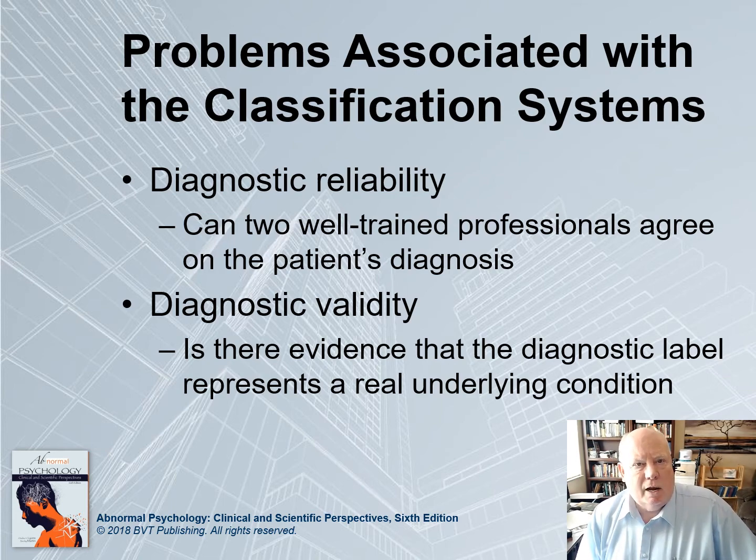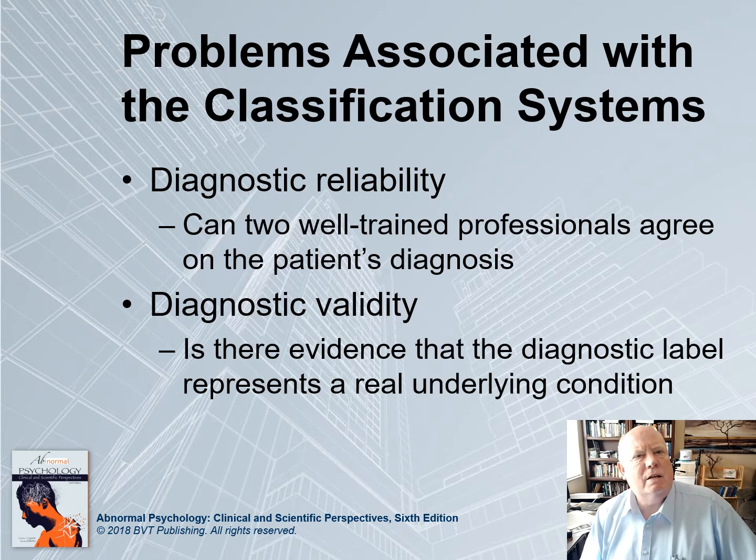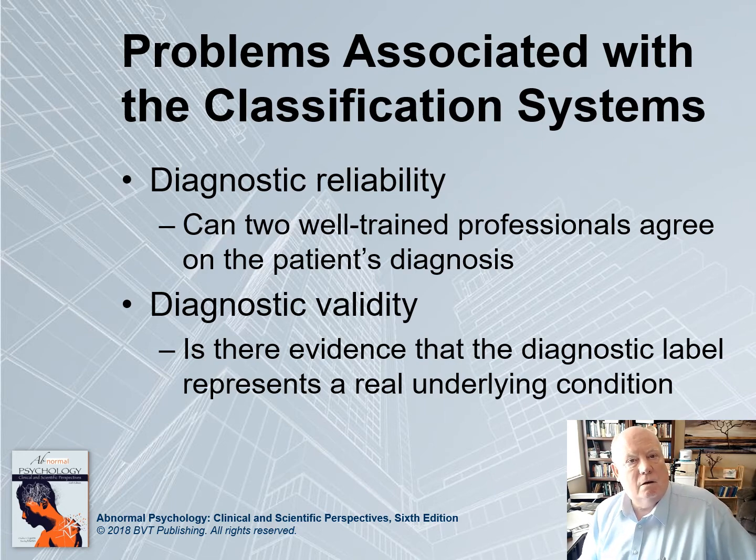So I've got interrater reliability and I have test-retest reliability. And if I use many different measures, as long as they are accurate measures to measure the size of the neck, I will get the same number. So we have internal consistency reliability. But is it valid?